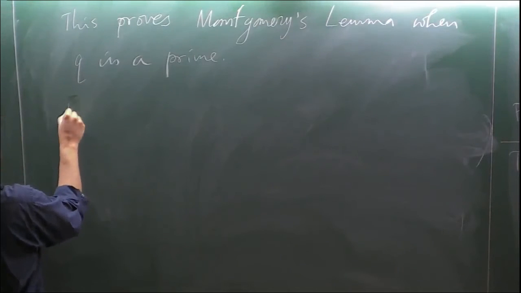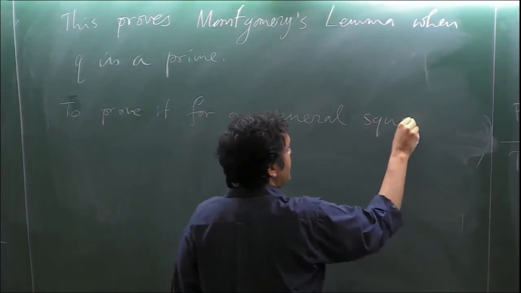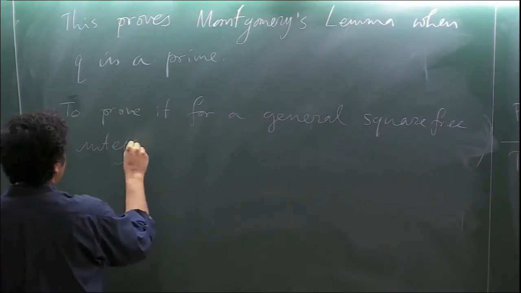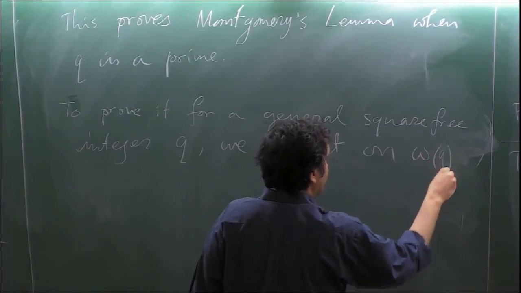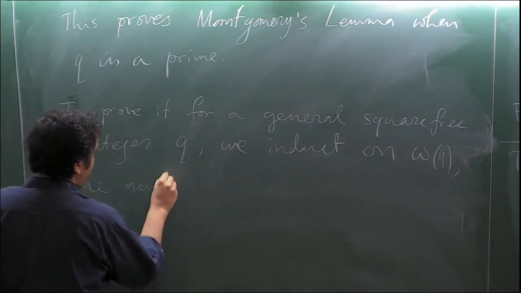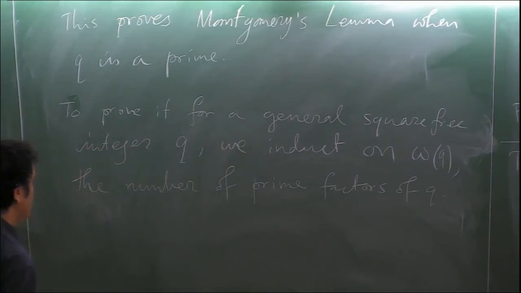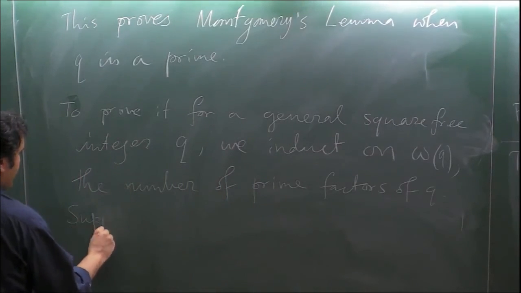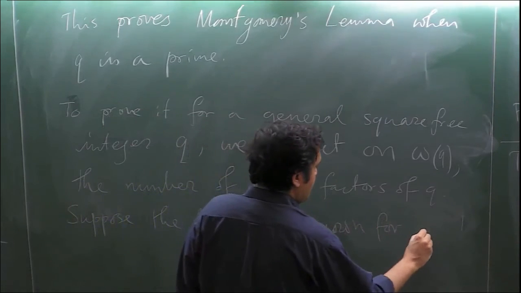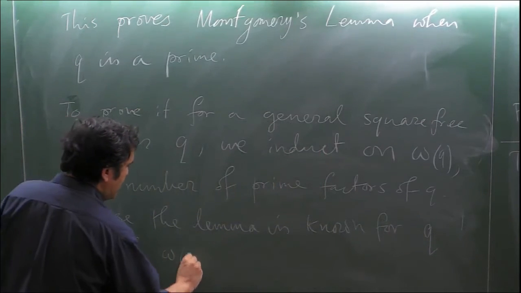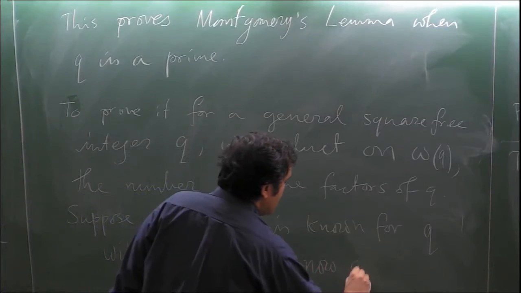So suppose, for a general square free integer Q, we induct on the number of prime factors omega of Q. So suppose the lemma is known for Q with omega Q equal to R. And so let now Q equal Q1 Q2.